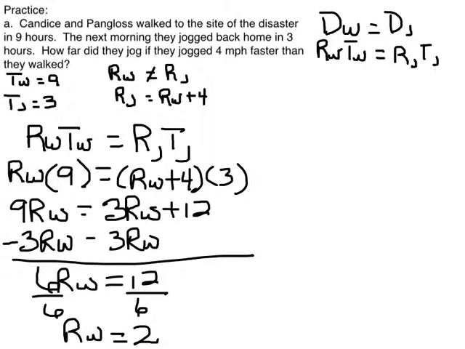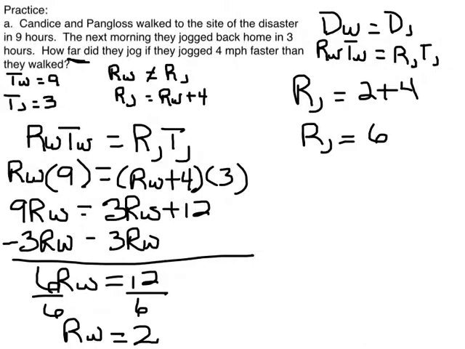Now it says how far. So, how far did they jog? Alright, the rate of jogging is equal to RW, which we now know is 2, plus 4. So the rate of jogging was 6.